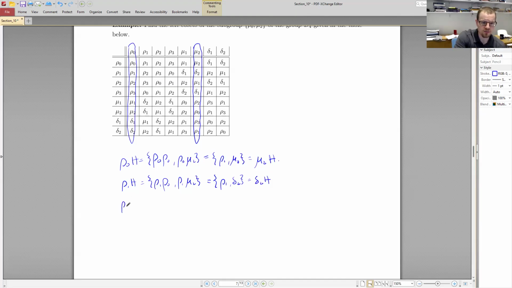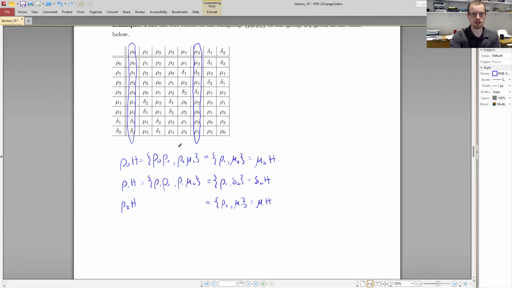Excellent. As we continue on here, I'm just going to write the result. I'll line up these results for convenience. Rho 2 gives us rho 2 and mu1. That's the same as multiplying by mu1. Again, if you're uncertain, it's the same thing. When I multiply on the left by rho 2, I get rho 2 and mu1.